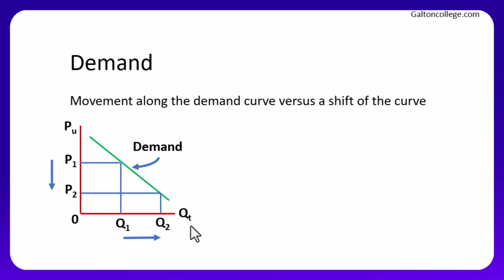We specify a time period down here, and we're consistent. So Q1 would be a certain amount demanded at the price P1 in a given time period. So that's our demand curve, and we talk about this in several classes, so it should be familiar to you.